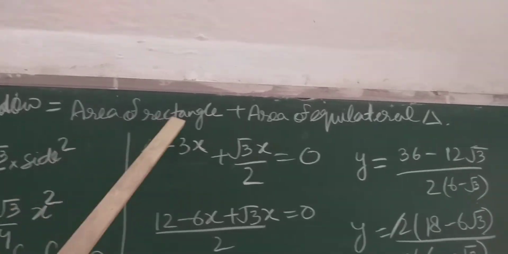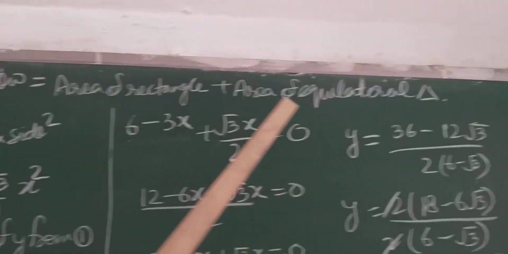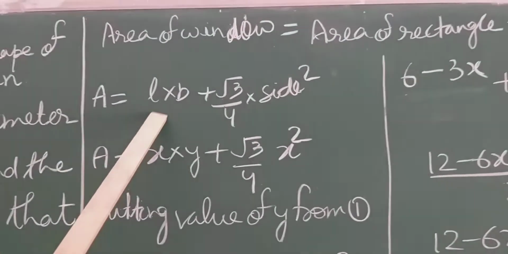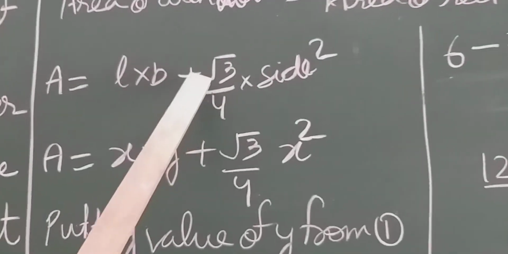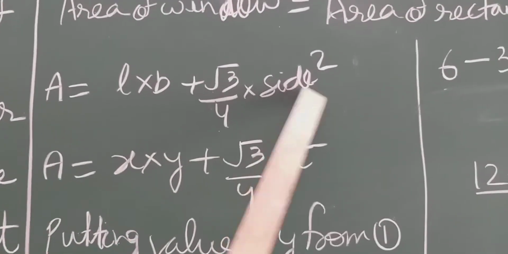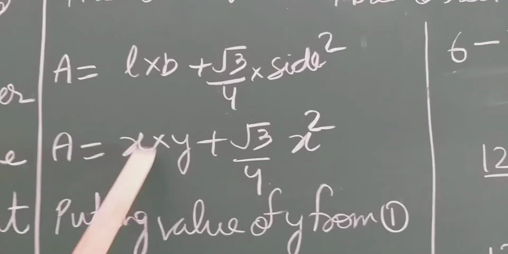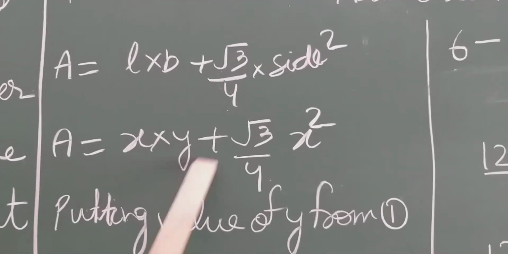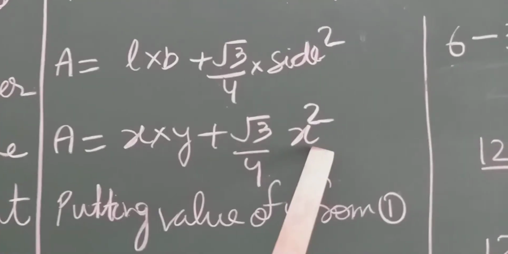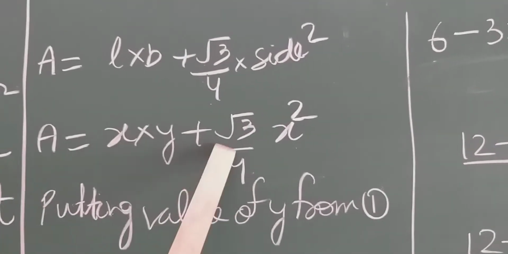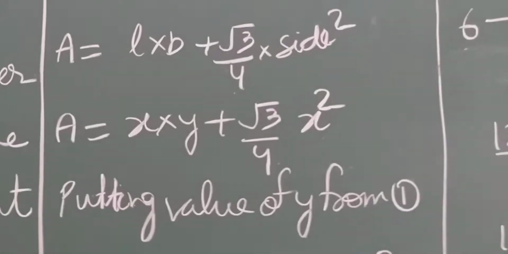Area of rectangle is L into B, and area of equilateral triangle is root 3 upon 4 into side square. So length is x, breadth is y, and side of equilateral triangle is x. So x into y plus root 3 upon 4 into x square.